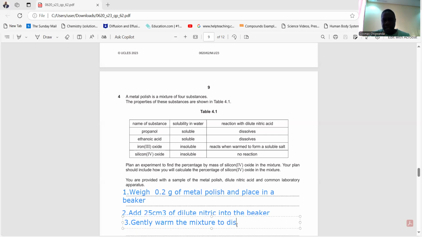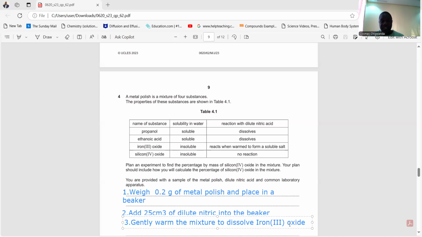Just informing the examiner that I am aware of what I'm doing to dissolve iron 3 oxide, okay? Extend this a bit so that my oxide will fit. I want to dissolve my iron 3 oxide. Okay, let's make it small caps. My iron 3 oxide, okay?